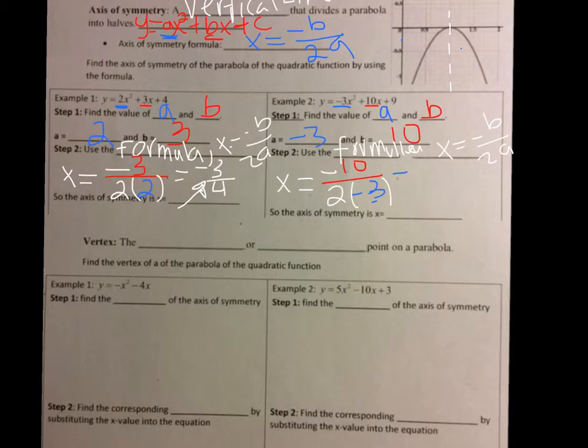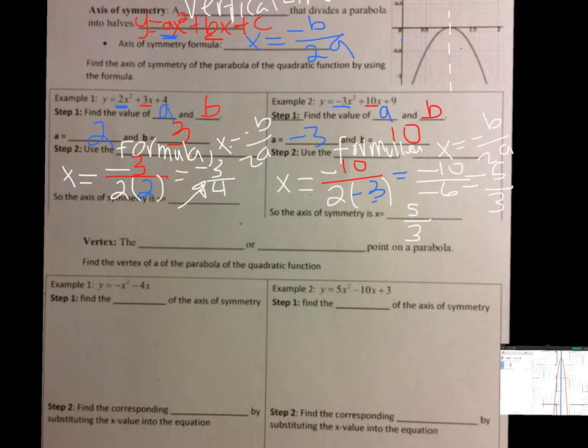If we simplify that, we get negative 10 over negative 6. If we divide the numerator and denominator by negative 2, we get a positive 5 over 3. So our axis of symmetry is x is equal to positive 5 over 3.